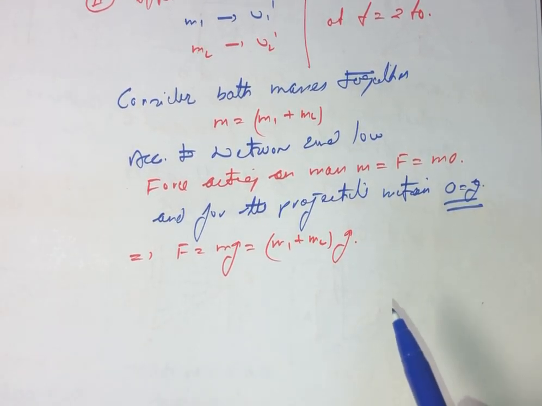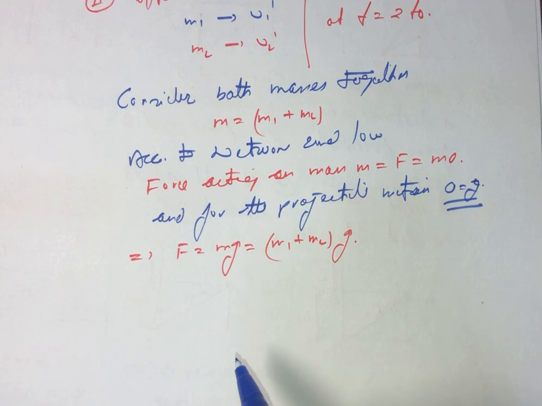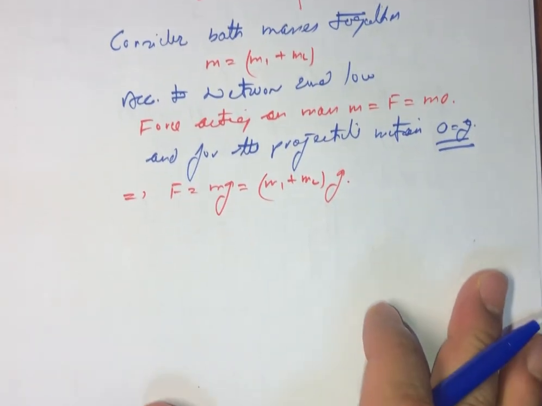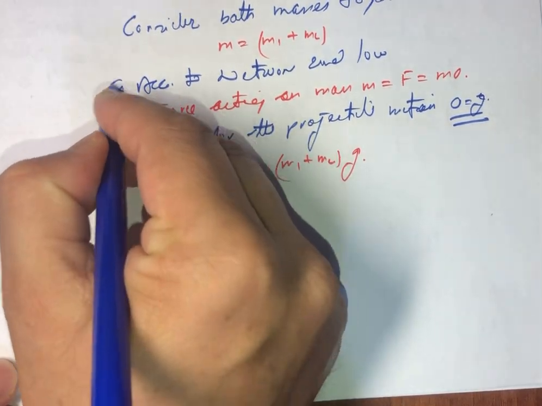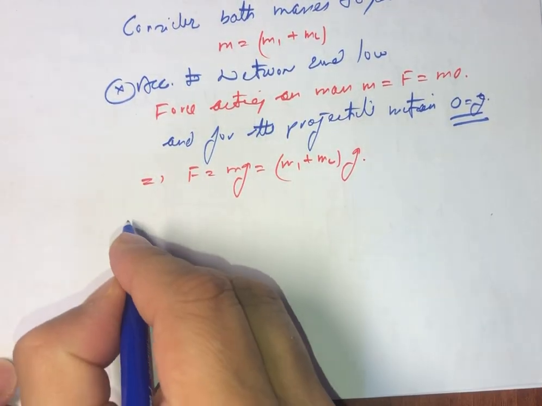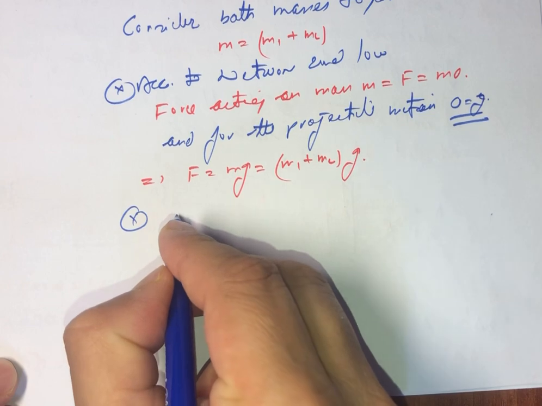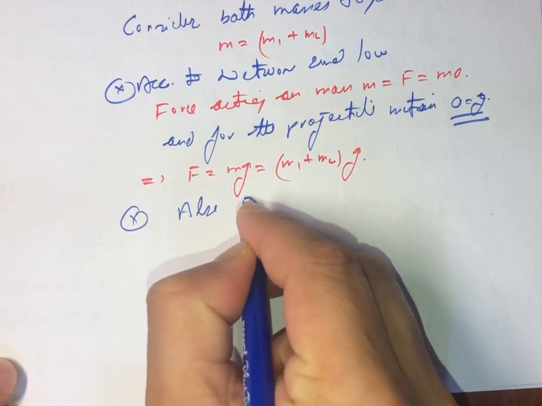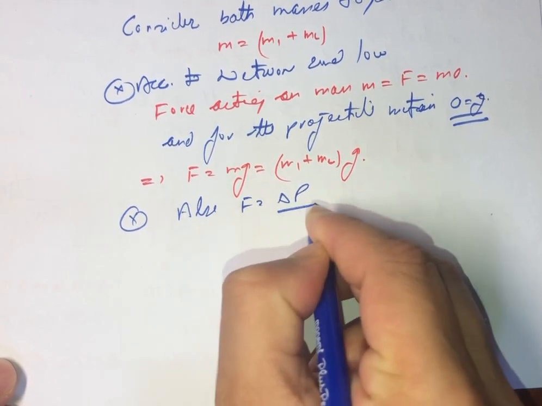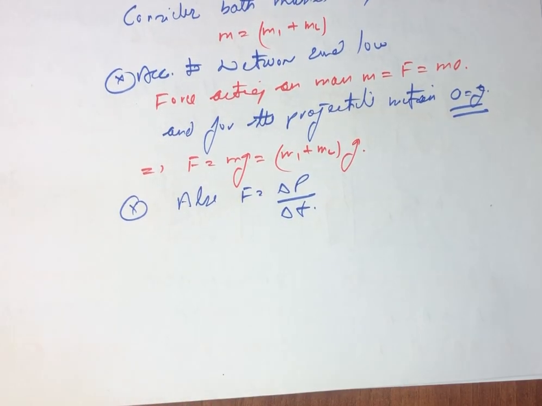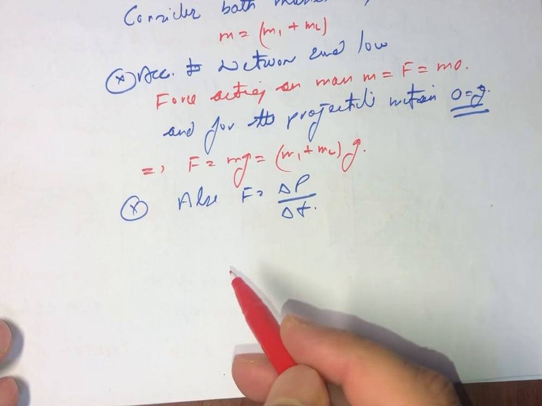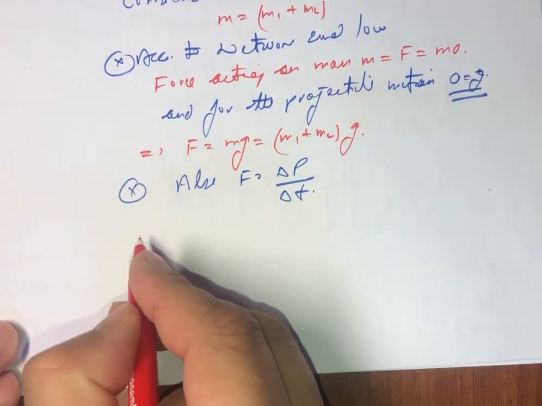And we also know that the force is nothing but rate of change of momentum. You can also say that force F is equal to delta P divided by delta T, where delta P is final momentum minus initial momentum.